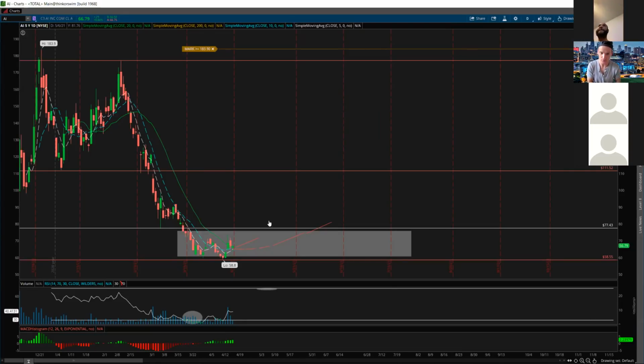It hits Earth really, really hard, and that shock wave keeps getting spread out for it to finally dissipate altogether. So whenever a move gets this violent to the downside, it usually takes some time for that shock wave to subside. So this could take some time.